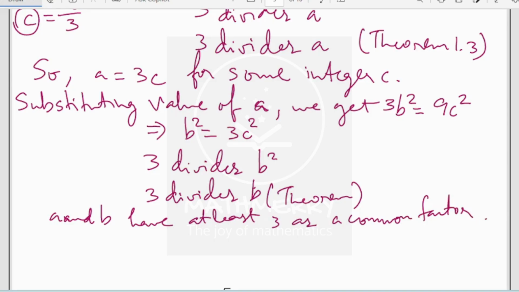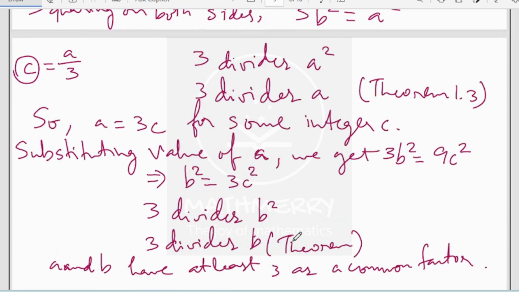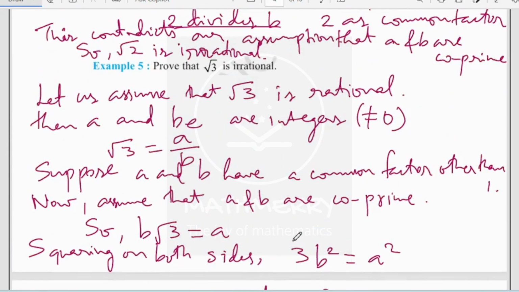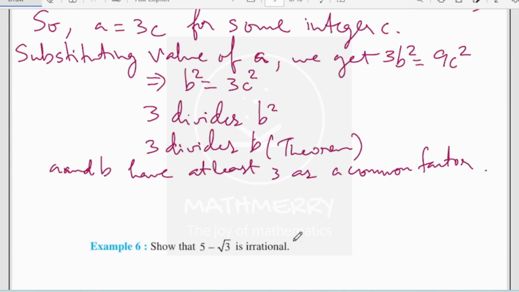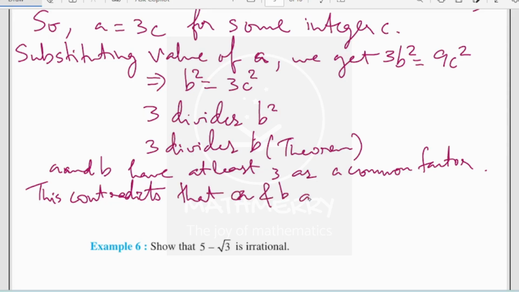So if 3 is the common factor, it contradicts our assumption that A and B are coprime.